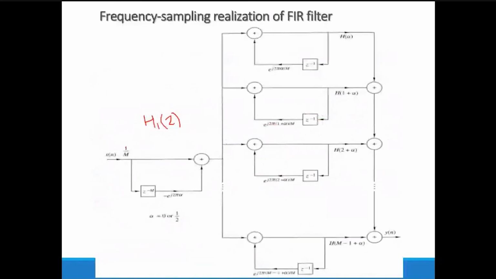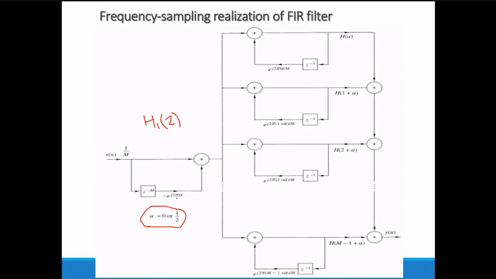1 by M is the scaling, e raised to minus j 2 pi alpha and z raised to minus M is the delay and multiplier, and the value of alpha you have to take is 0 or 1 by 2. In many books, this term will not be mentioned because they take alpha equal to 0.